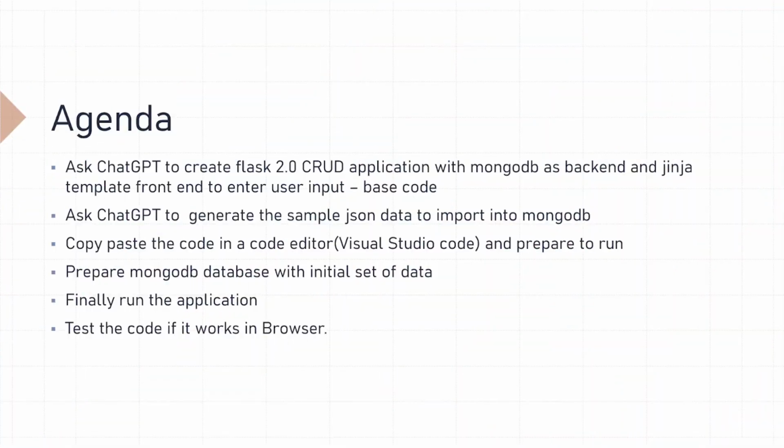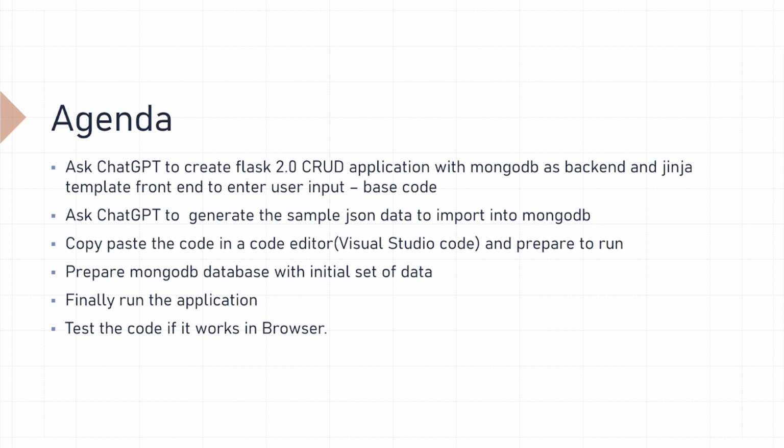Okay, what will we cover in this video? Let's ask ChatGPT to create a Flask 2.0 CRUD application with MongoDB as backend and a Jinja template as a front end to enter user input. That's the base code.